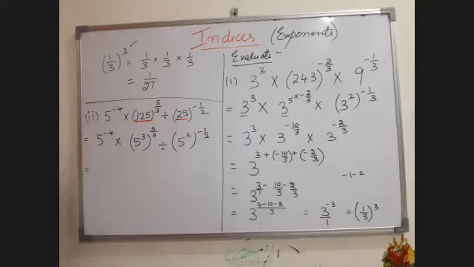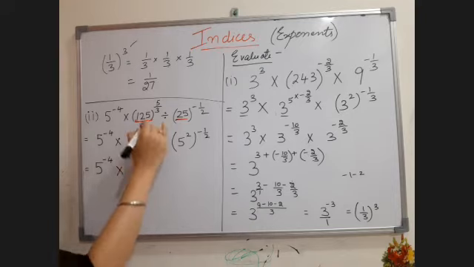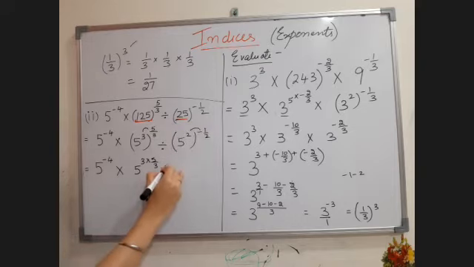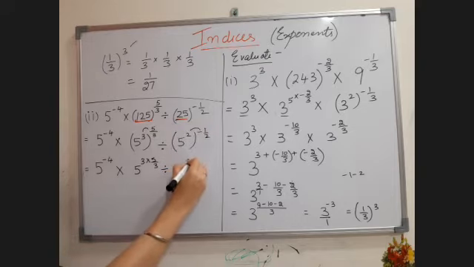Now see, two powers are there on these two numbers. So we have to apply the power rule and convert these two powers into a single power. So 5 to the power minus 4 into 5 to the power 3 into 5 by 3. Powers we have to multiply; two powers are there according to the power rule. So 5 to the power 2 into minus 1 by 2. This question is actually a little easy.